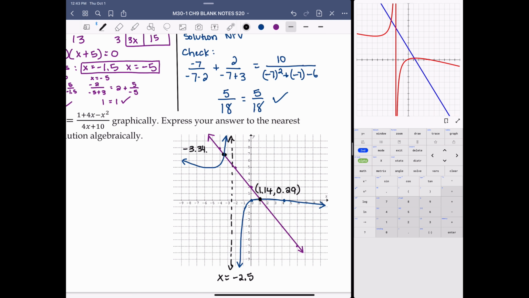Starting with x equals negative 3.34, plug it into our original function and make sure the left side is equal to the right side.